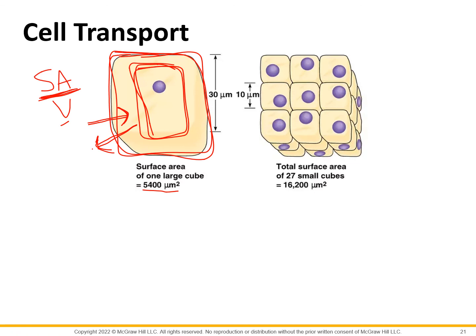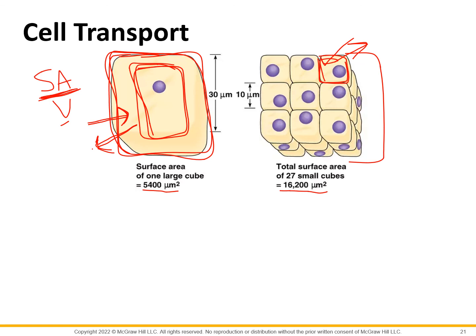If you break that structure down into smaller cells, you end up having a lot more surface area, almost 3 times as much. So the smaller the cell is, the more transport you get out of the cell and into the cell, and the more transport you have, the better able you are to support the metabolism of the cell. So that's why cells are small.